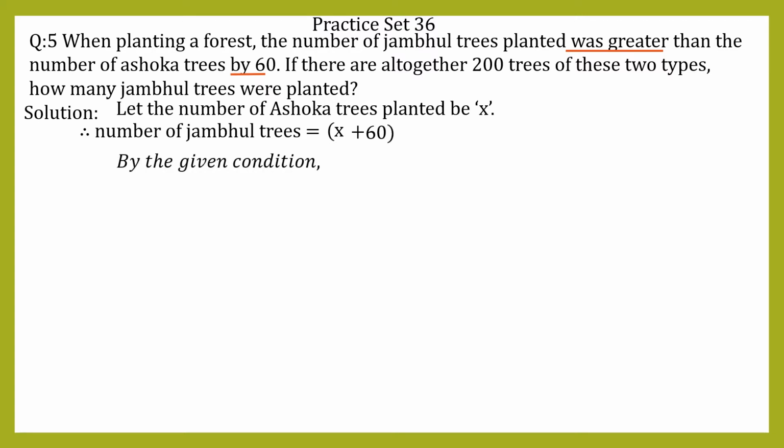Now let's read the condition. Altogether means plus sign. Altogether there were 200 trees of these two types. So let's add the number of Ashoka trees and jambal trees. So we'll have x plus (x plus 60) is equal to 200.